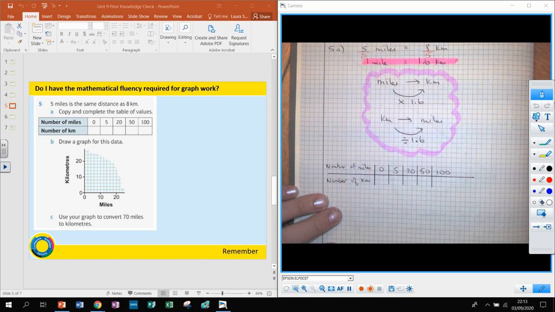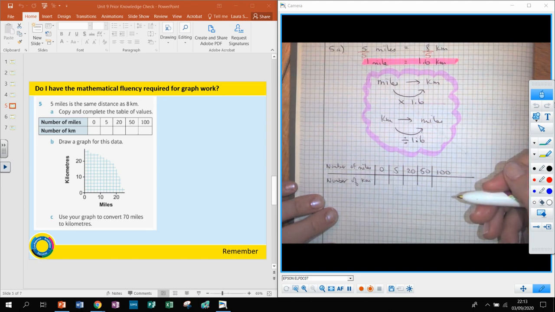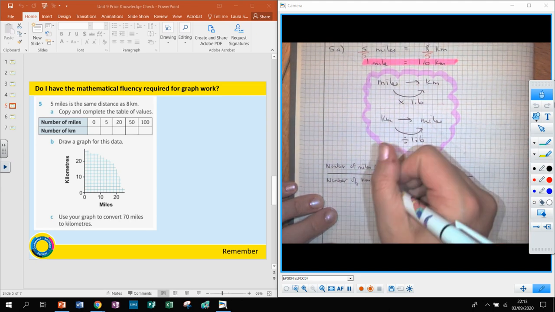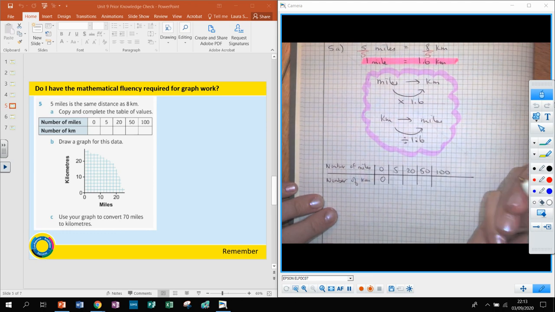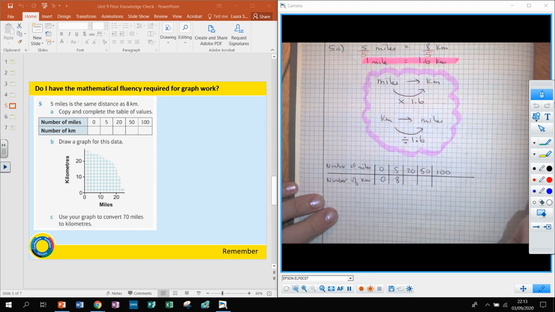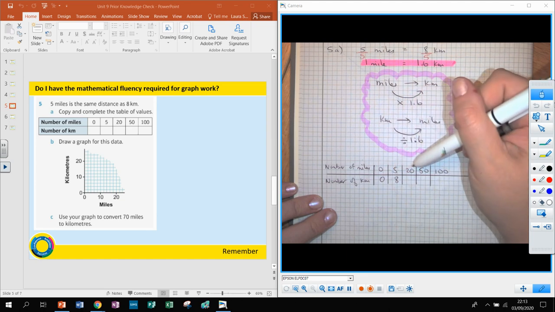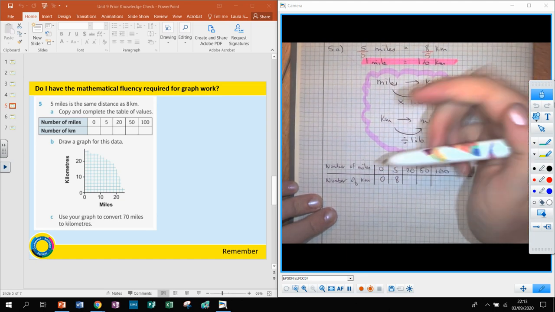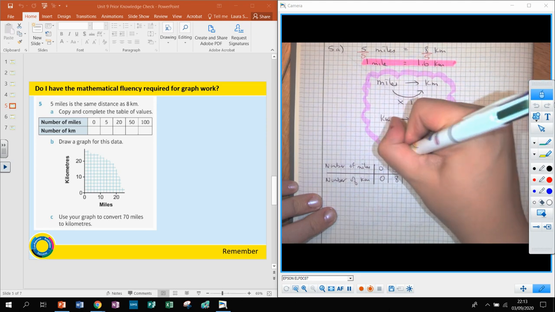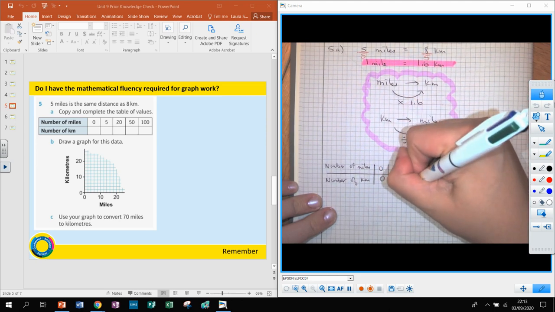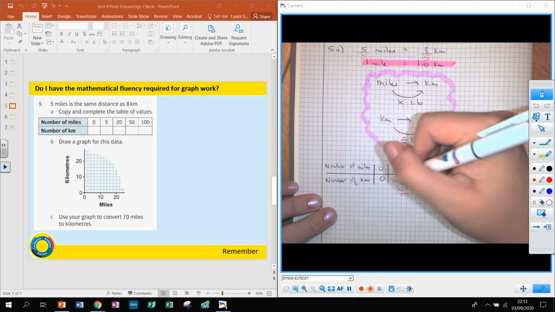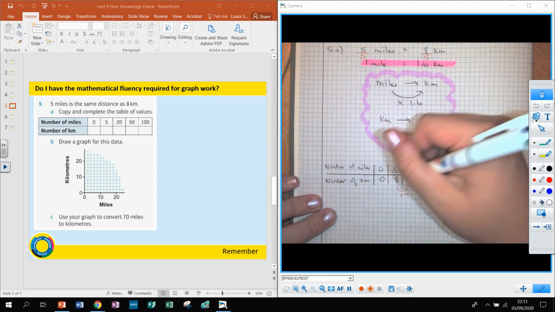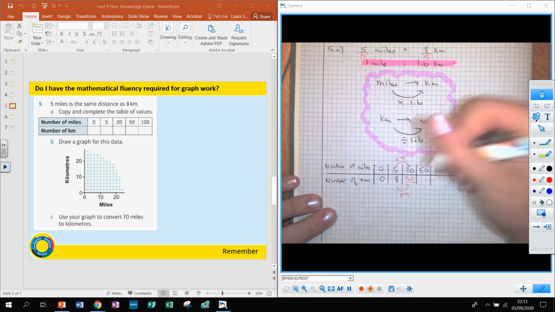Okay, now we could be multiplying by 1.6, easier with a calculator, or I could think about the fact that 0 is 0. We know that 5 is 8. Well, how many 5s are in 20? There's 4. So actually, if I am going from the 5 to the 20, I'm multiplying by 4, which means actually I can multiply that 8 by 4 as well, because there will be 4 sets of 8 kilometers, which is 32.